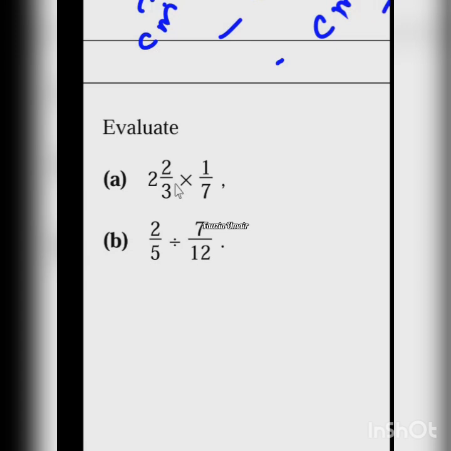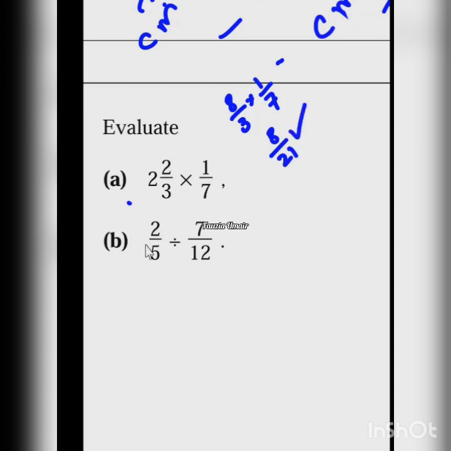First of all, convert these mixed numbers into improper fractions. So what will be the answer? 2 whole 2 by 3 is 8 by 3, multiplied by 1 by 7. So 8 by 21. It cannot be simplified. It is in the simplest form, that will be the answer.